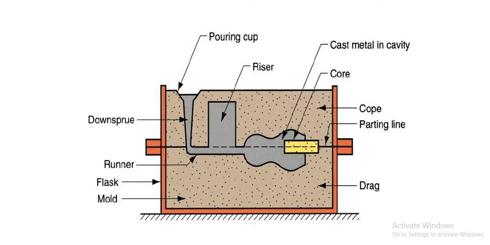Then the downsprue, the vertical, inclined part below the pouring cup, facilitates the movement of the molten material into the mold cavity. Then the flask, which supports the outer part of the mold cavity. This is the parting line, which separates the upper and lower parts of the mold.